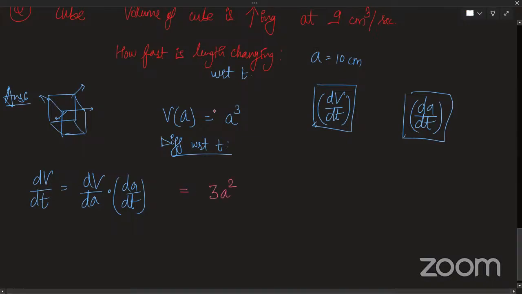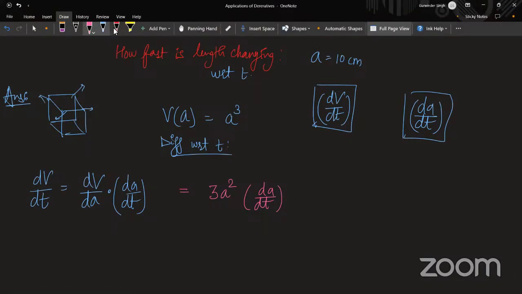Right, 3a square into dA by dt. And what is meant physically by dA by dt? dA by dt means rate of change of a with respect to time.